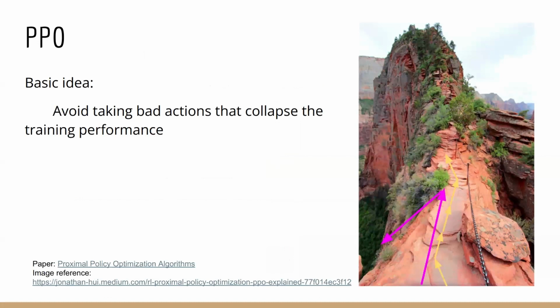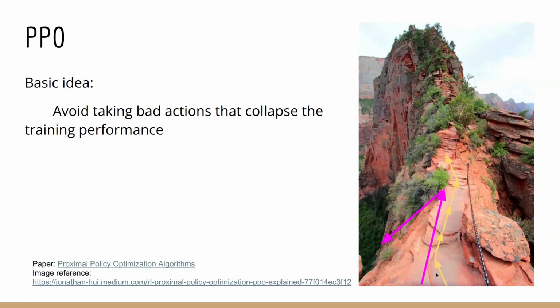Now we are going to introduce a very popularly used model, which is called PPO. PPO stands for proximal policy optimization. And so the basic idea of it is to avoid taking bad actions that collapse all the training performance.